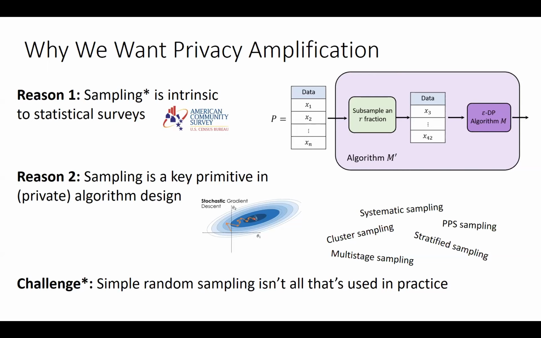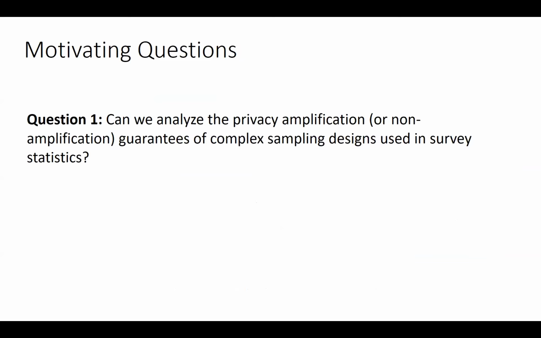So the question that we asked and tried to take some steps toward answering is, can we analyze the privacy amplification, or in many cases, non-amplification guarantees of these more complex sampling designs that are used throughout survey statistics?